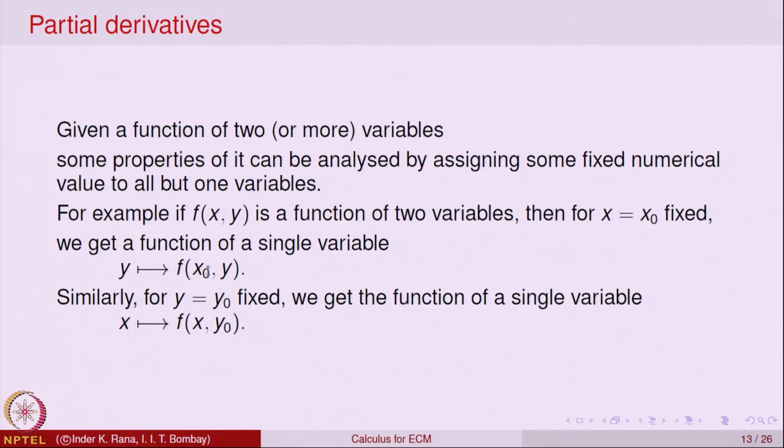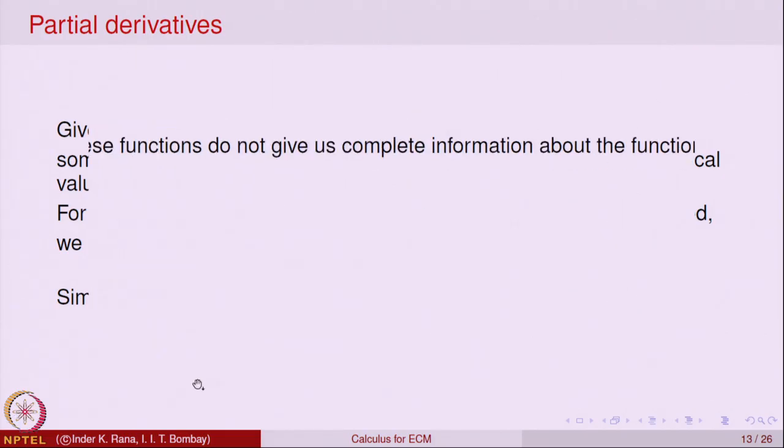So, fix a value x naught, you get a function of the variable y, and you fix a value of y naught, you get a function which depends only on x, a single variable. So, these are the two functions.